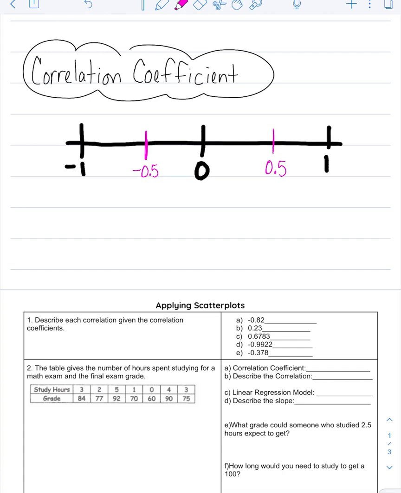Those are what our correlation coefficients look like. If a number is 0.5 or above, we say that is a strong positive correlation or relationship. Those two variables have a strong positive relationship.